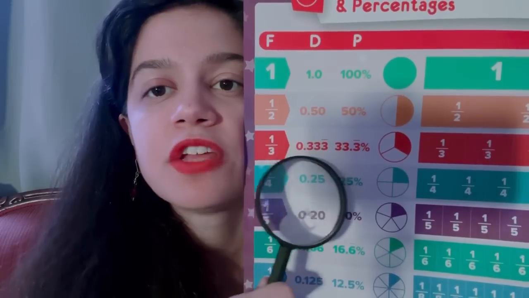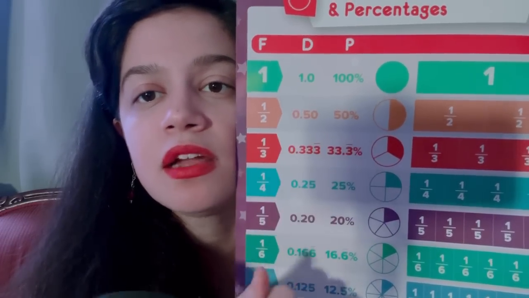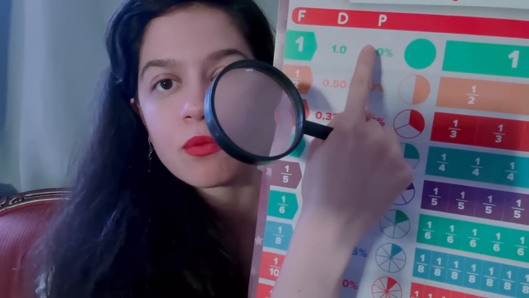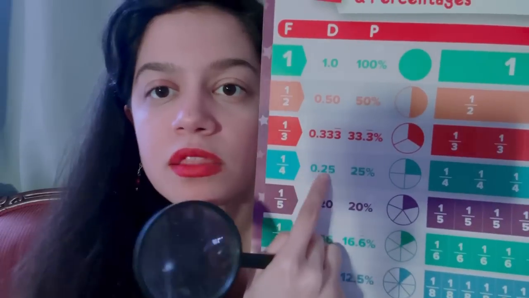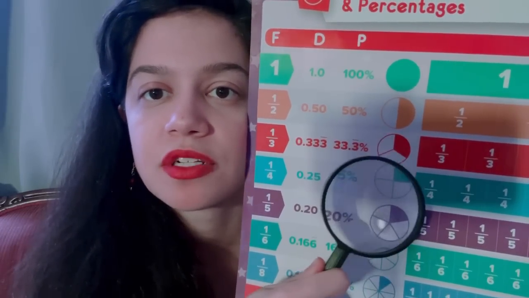So we then make that 25 into a decimal point, and then easily enough, if you multiply 0.25 by 100 to get that percentage point, then you get 25%, which is each segment of the pie.